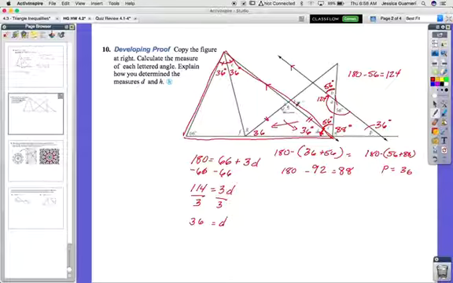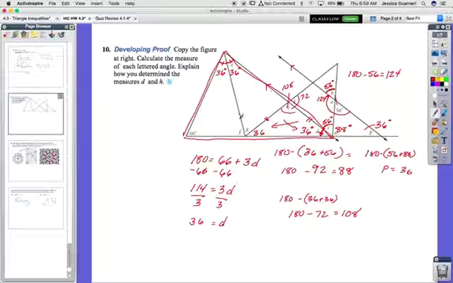So in order to get H, I'm going to do 180 minus 36 plus 36. So 180 minus 72 is 108. So H is 108. K is easy. I do 180 minus 108, and that's going to give me 72. So I'm complete over here.